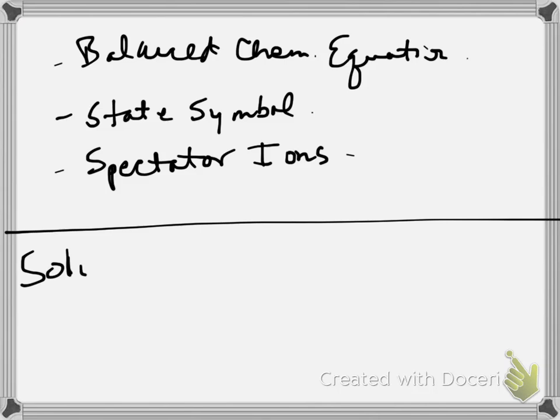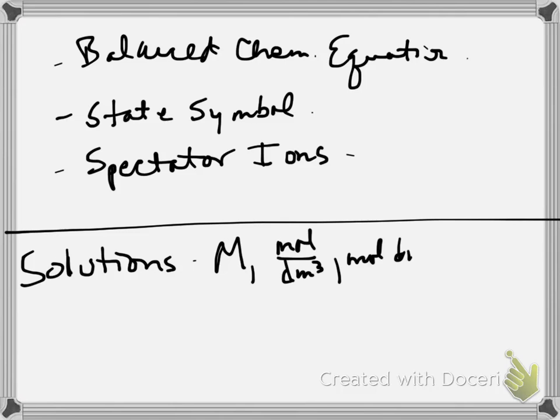Solutions, and we're going to do some more problems in class. Remember, molarity, capital M in the US, typically written moles per decimeter cubed, or moles dm^-3. Remember that a decimeter cubed is the same thing as 1 liter. You can write it as this, and that means molarity, moles per liter, as a concentration.